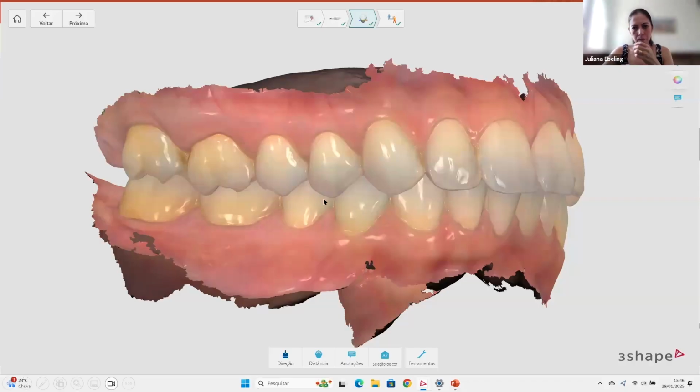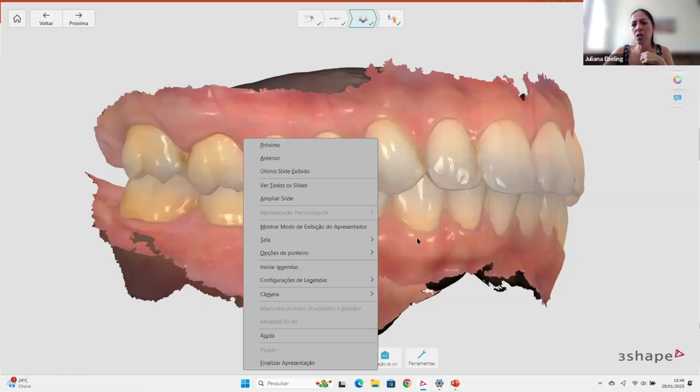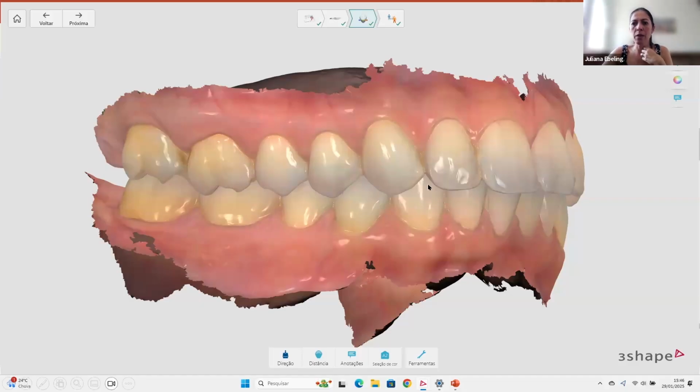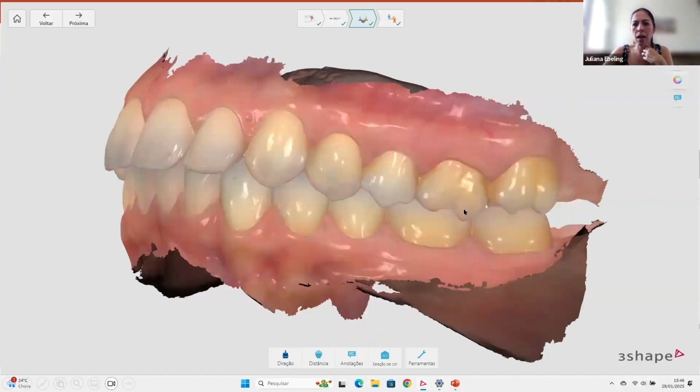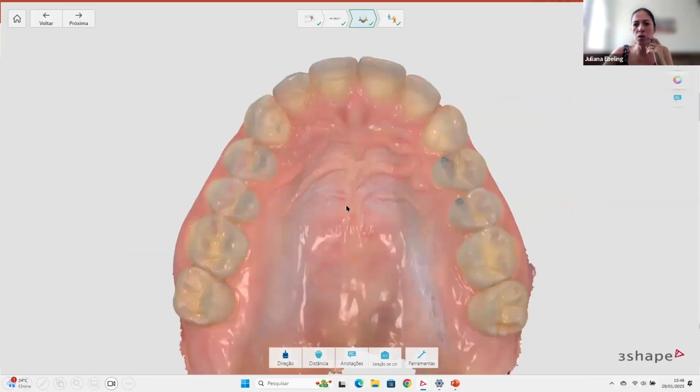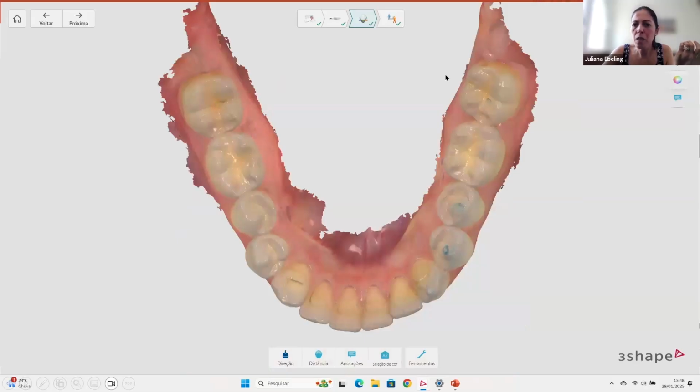Here is a patient with a good relationship between the teeth, class 1 here, class 1 here, class 1 of canines, a good distribution, a good anatomy of these teeth. Agree with me that it's a good anatomy? We practically have no restorations, only composite restorations.